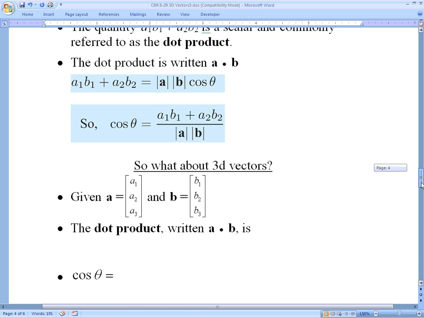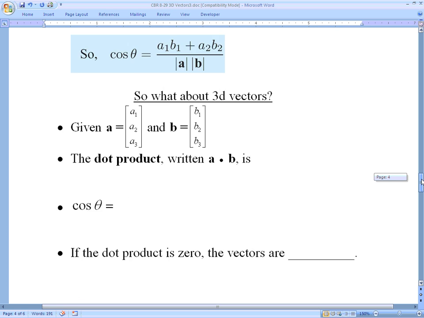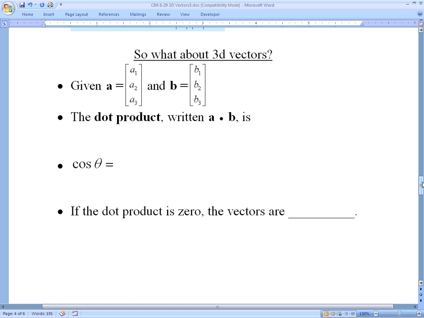How is it different now for 3D vectors? Well, to start with, we've got a third component. We've got our z component. We've got our x component, y, and z. And that's the same thing for both vectors here. So in this case, how would I write the dot product? Well, it's the same idea.